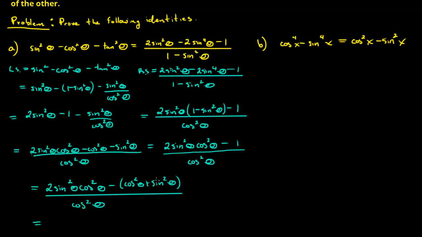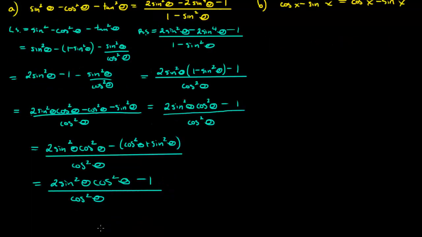And I know that cos squared theta plus sine squared theta is just 1. So I have 2 sine squared theta cos squared theta minus 1 divided by cos squared theta. And thus notice that the left side and the right side are equivalent now. So therefore the left side is equal to the right side.